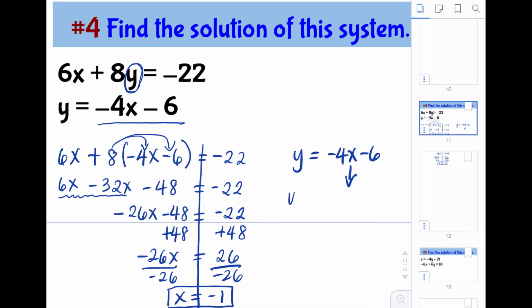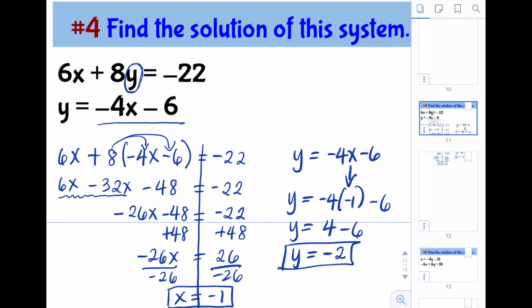So y is equal to negative 4 times negative 1 minus 6. Negative 4 times negative 1 is positive 4. We subtract 6, so now our y value is negative 2. This means that the system will intersect at point negative 1, negative 2.